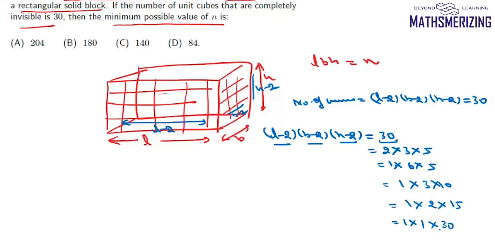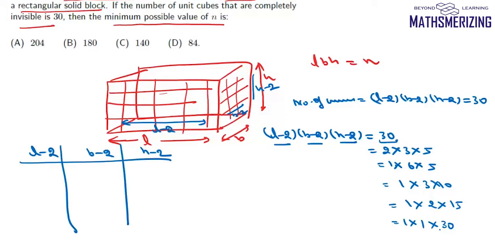So we can write all possible combinations for L minus 2, B minus 2 and H minus 2. So the possible combinations are 2, 3, 5, 1, 6, 5, 1, 3, 10, 1, 2, 15, and then 1, 1 and 30.